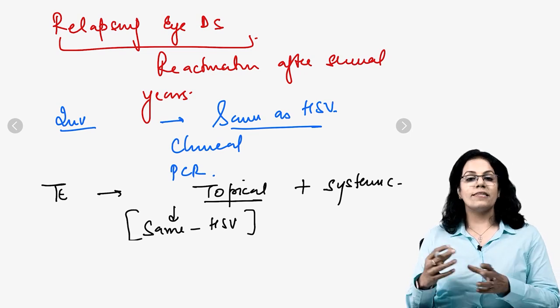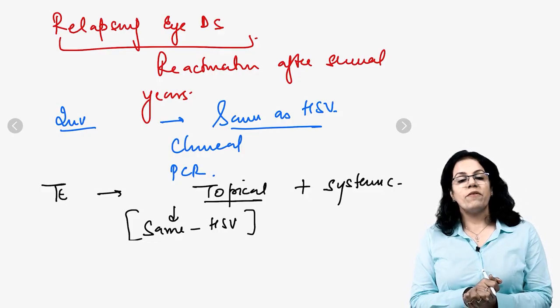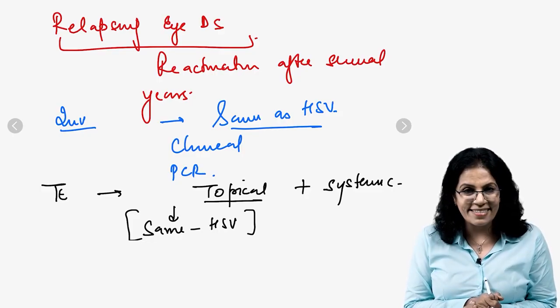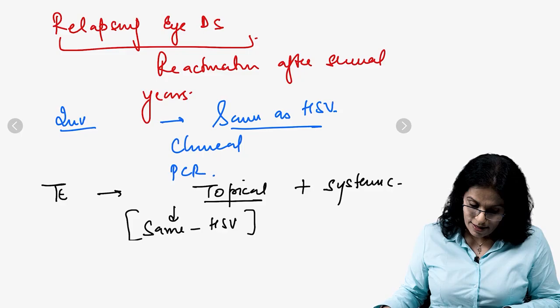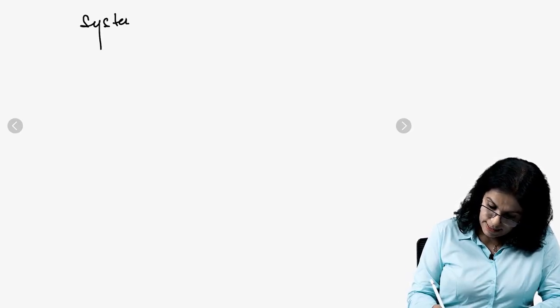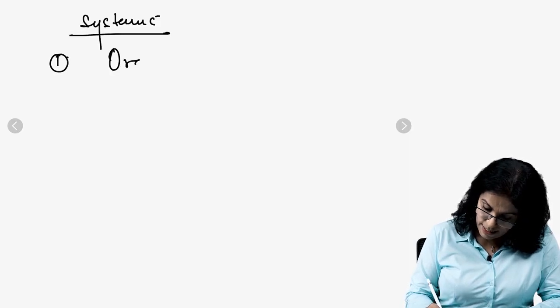What did you learn? 3% acyclovir to be given 5 times a day, or you can use 0.15% ganciclovir gel. When you talk about systemic, what are the options? Let's note down. This time for systemic therapy, oral acyclovir is not going to be 400.